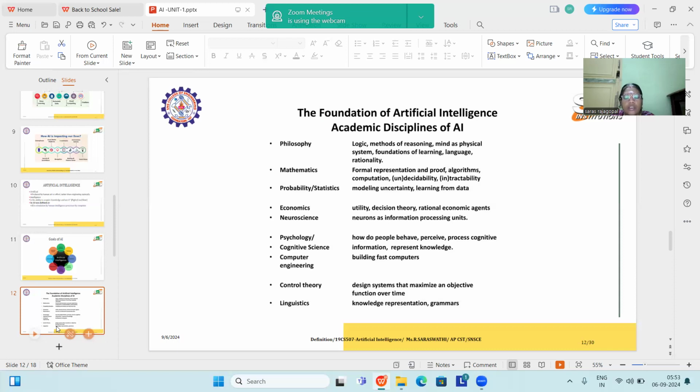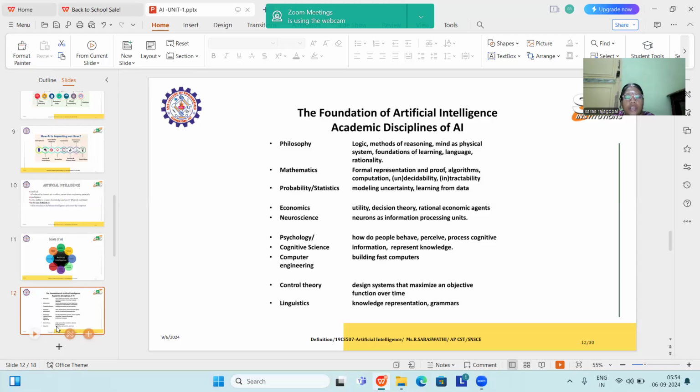Economics: we have to make decision theory, rational economic agent and utility. Neuroscience: neurons can act as information processing units. Psychology: how people behave, perceive, process, cognitive science, this information and represent the knowledge.